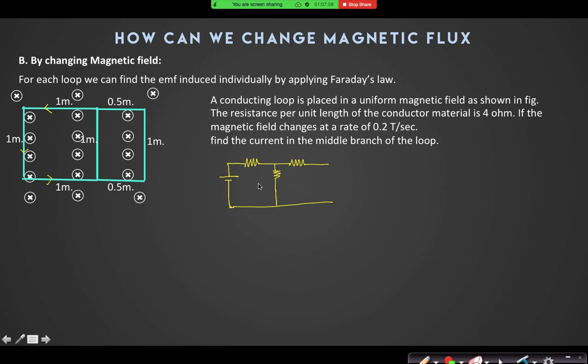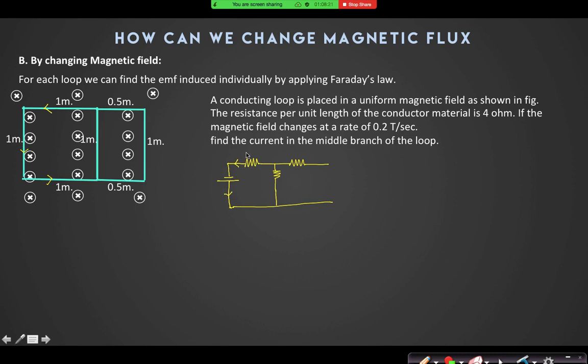No, reverse EMF. Anti-clockwise current. Now this cell sends current in the same direction, anti-clockwise.